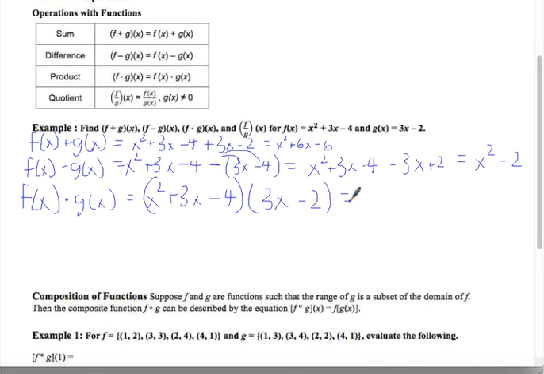So x squared times 3x would be 3x cubed, and then x squared times negative 2 gives us negative 2x squared. 3x times 3x gives us 9x squared, and 3x times negative 2 gives us minus 6x.